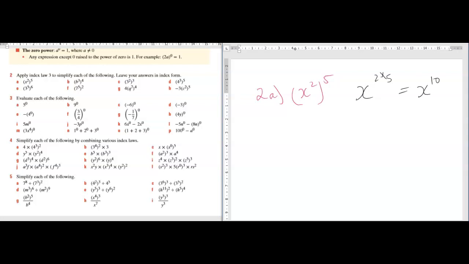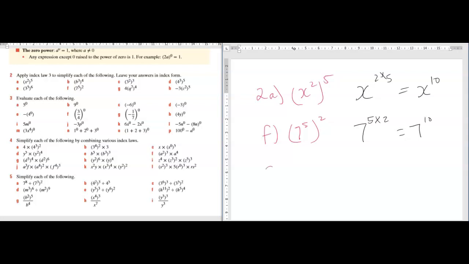Let's have a look at doing a harder one. So let's do f, 7 to the power of 5 squared. It's not really that hard, it's pretty much the same, but we've got now a number instead of a pronumeral. So that's 7 to the power of 10.